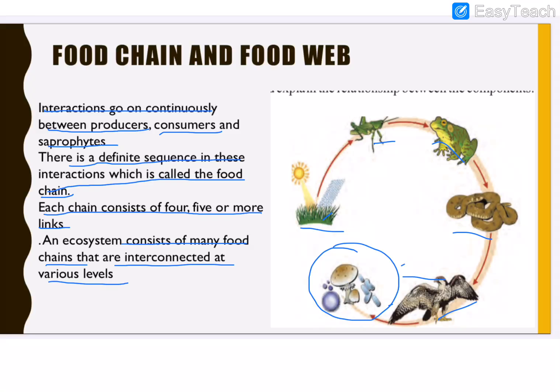In this image you are seeing only one example of a single food chain, but in our ecosystem there are many food chains and they are interconnected, means animals eat each other for their survival, and plants are consumed by both humans and animals, and humans consume plants and animals also. So the ecosystem consists of many interconnected food chains.